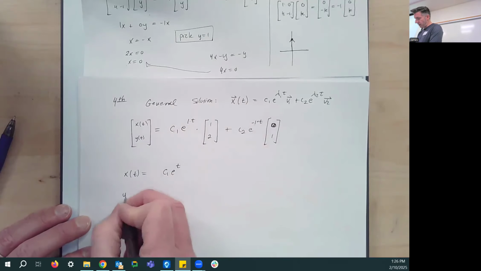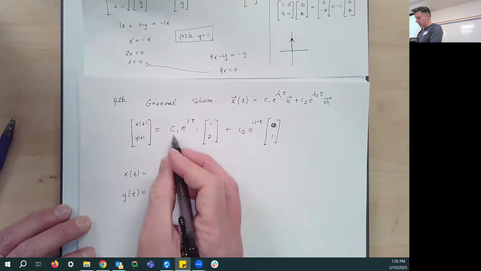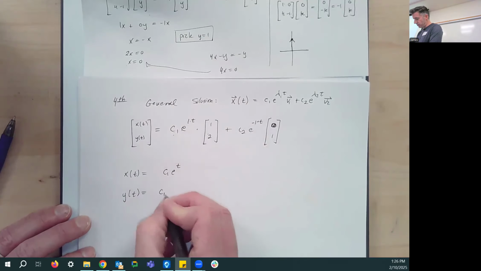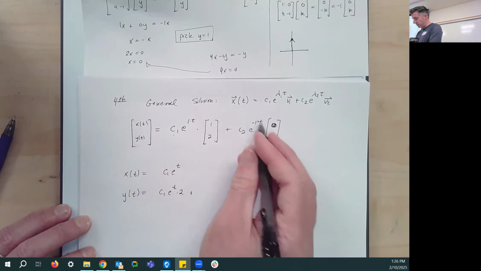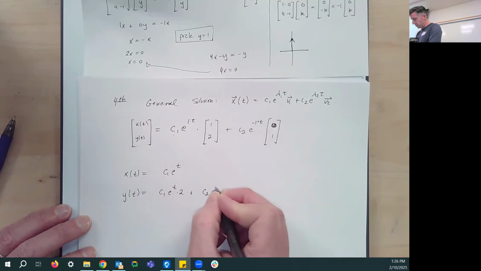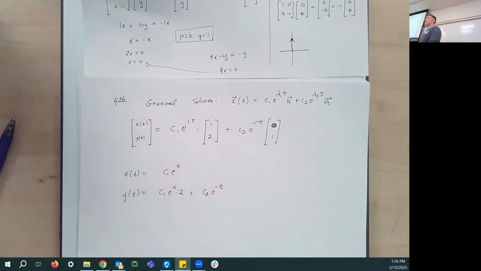And then y of t is going to be c1 e to the t times 2 plus c2 e to the negative t times 1. Those are our general solutions. We're still going to make them particular by finding our constants c1 and c2.